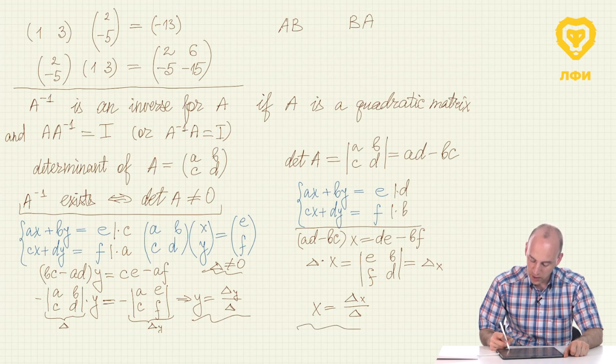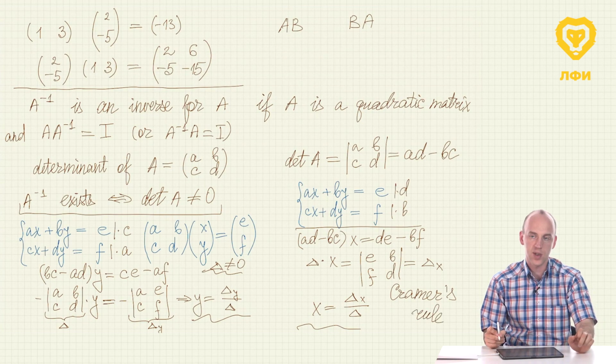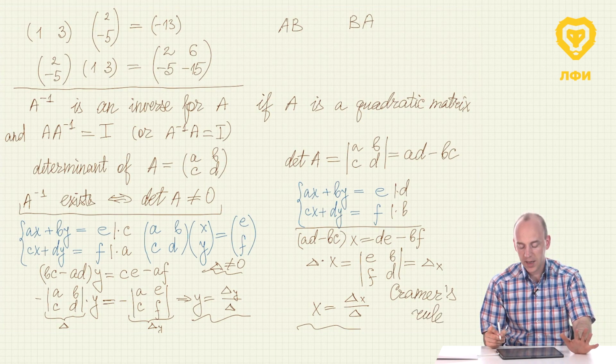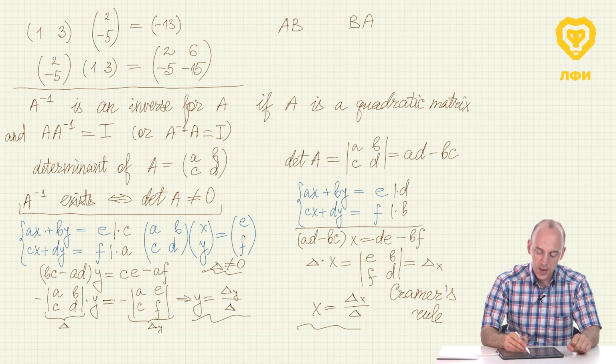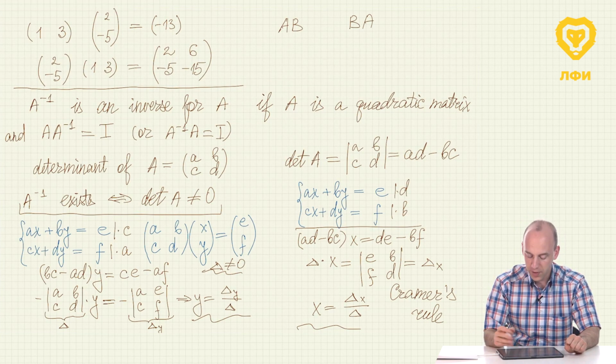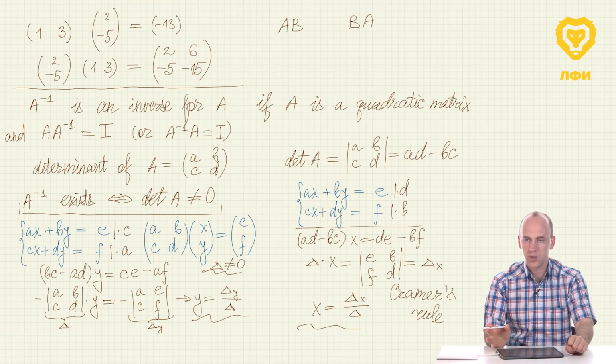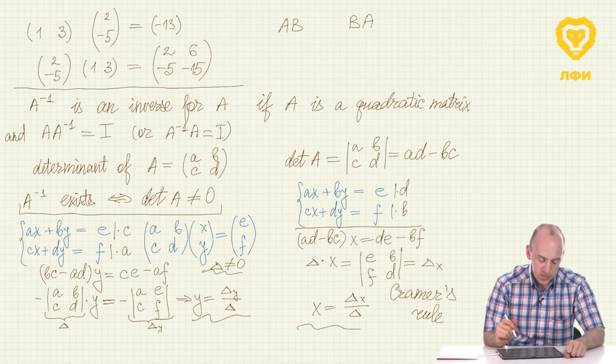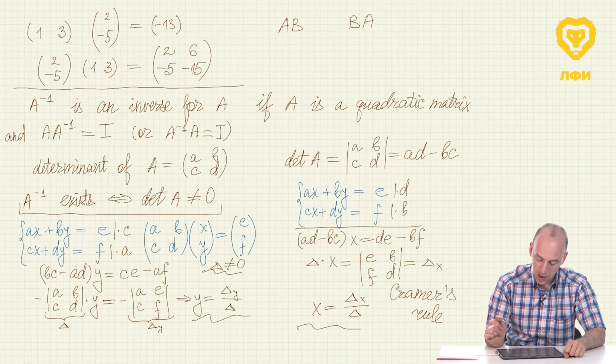These formulas we have got are usually called Cramer's rule of solving linear systems. In fact, they can be generalized for systems of equations with more than 2 variables, but we won't do it right now, and it is not that elementary at all, but it can be generalized.